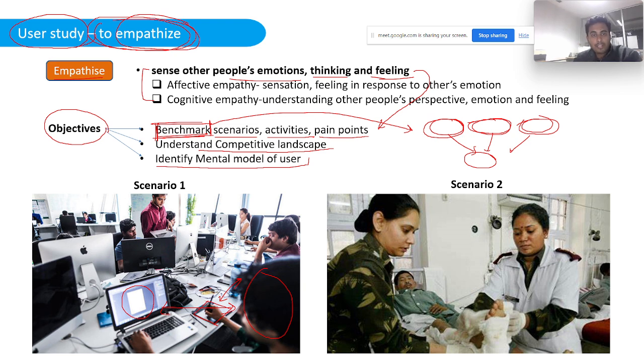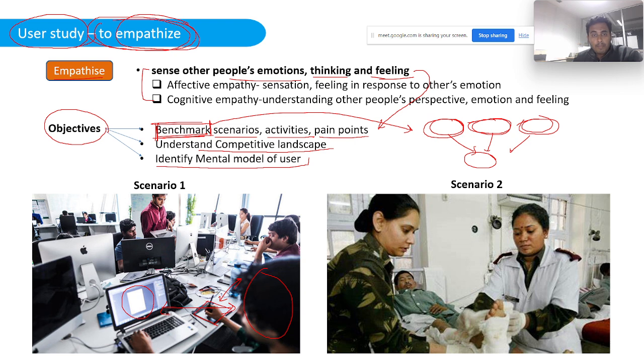So the kind of pain points that person may feel is that he does not have enough room for his hand and leg movement. He may get disturbed by the environmental noise, so he may lack focus on this particular application.